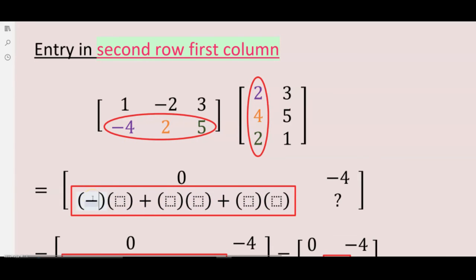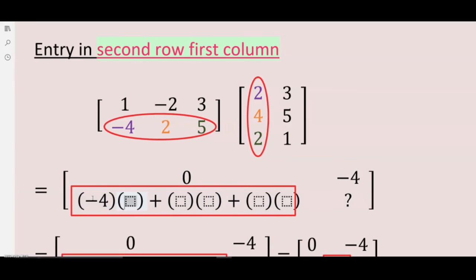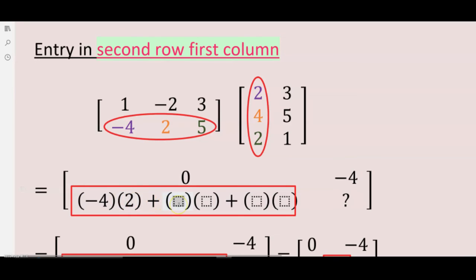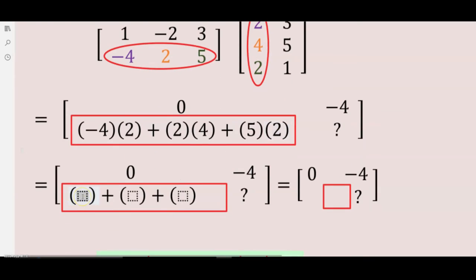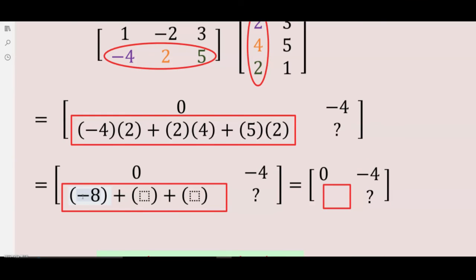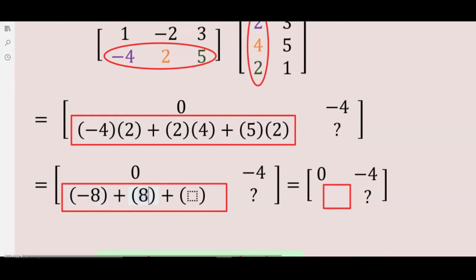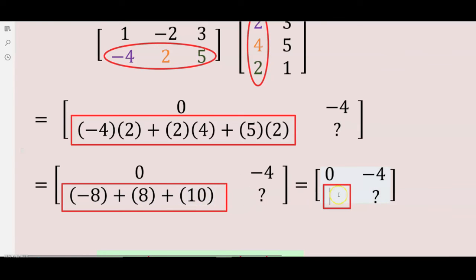So minus 4 into 2, and after that 2 into 4, and then 5 into 2. Just do the calculations here. Minus 4 into 2, minus 8, 2 into 4, 8, and 5 into 2, 10. And at this place it will be 10.